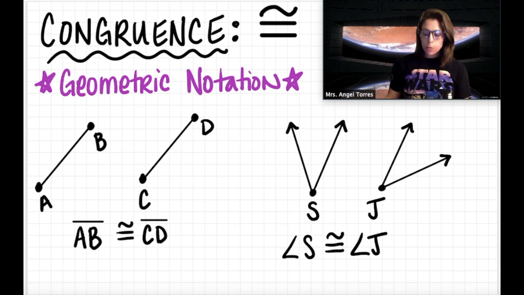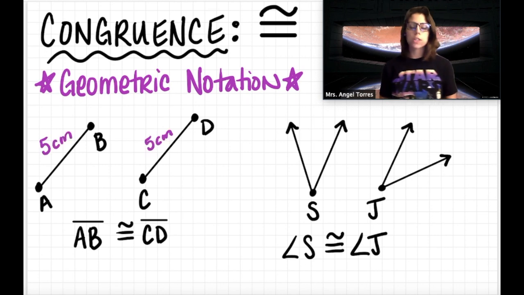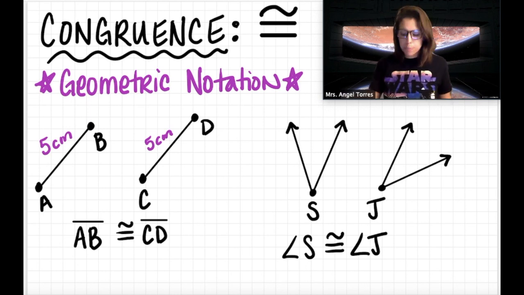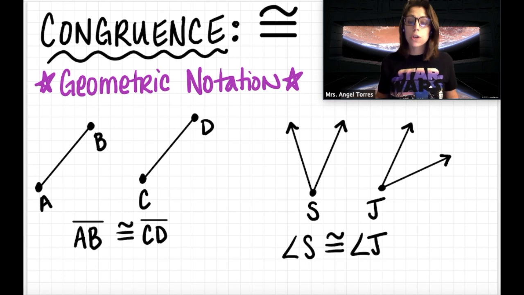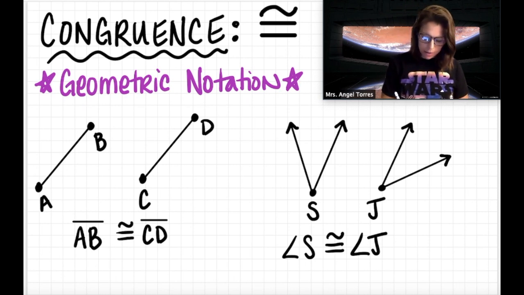So when we're dealing with segments like we have over here in segment AB and segment CD, to show that they are congruent to each other, we could give them some measurements. We could say AB is 5 centimeters and CD is 5 centimeters, but there's actually something that's a little bit simpler than that. Instead, we can use the notation for congruent sides, and that is a tick mark.